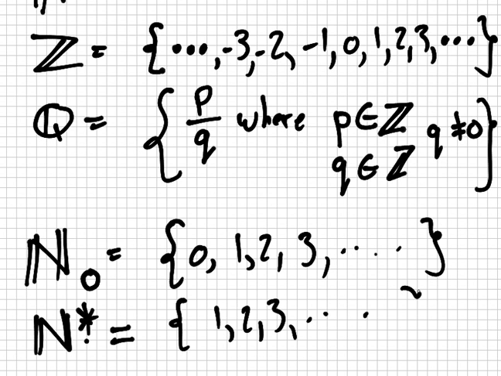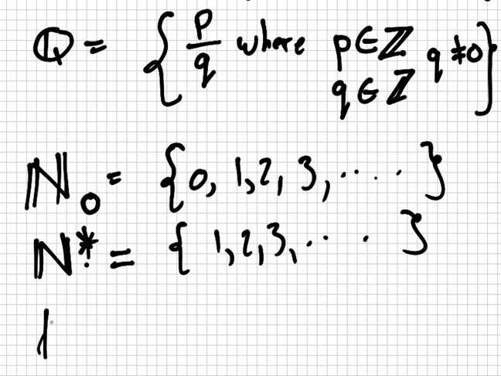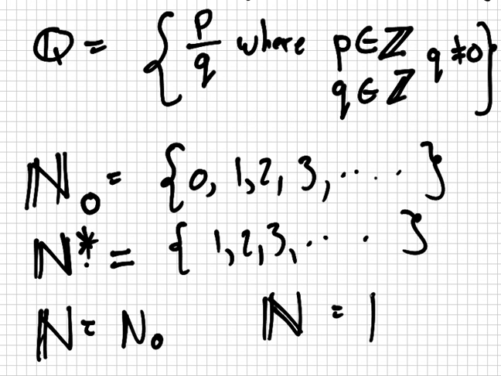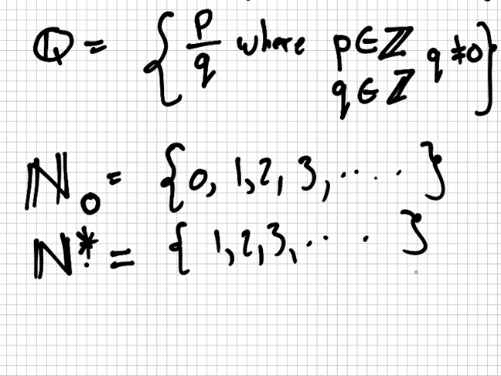But what's not universally true is that some maths books will say n equals n0, but some will say n equals n star. So some books include 0, some don't. So I will try not to use n. I will try to put a 0 or a star to show you if I want 0 or not.